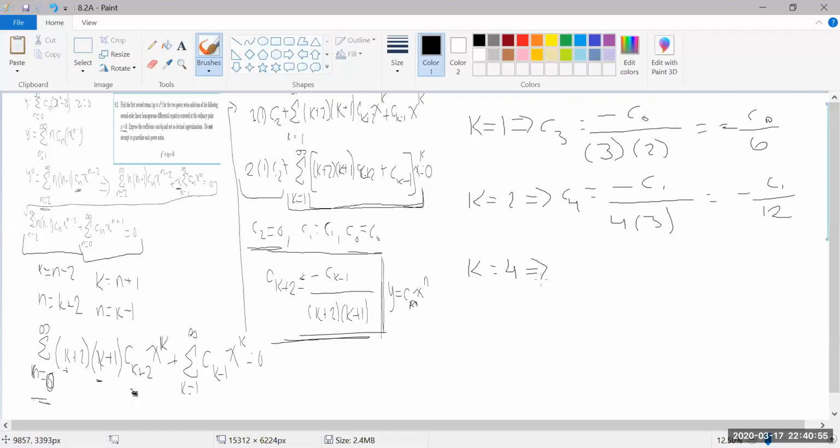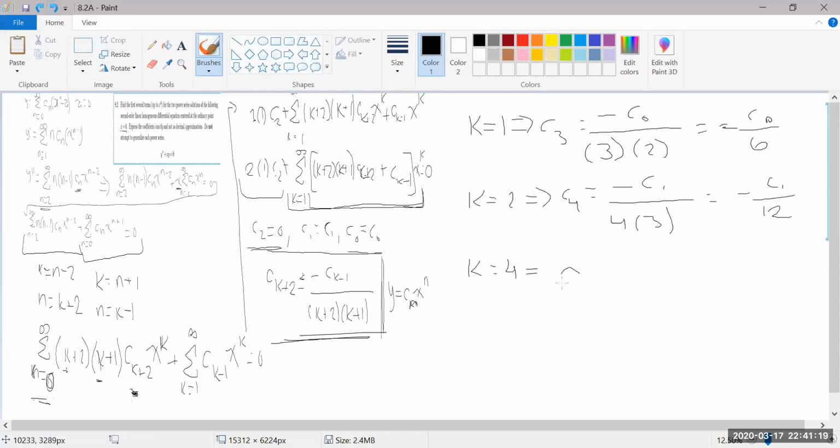oh, I guess we should do 3 first. Oh, I'm not going to worry about it. We're going to do C4 first, and I'll go back and do C3. I mean, k equals 4. Sorry, I'm a little scatterbrained.